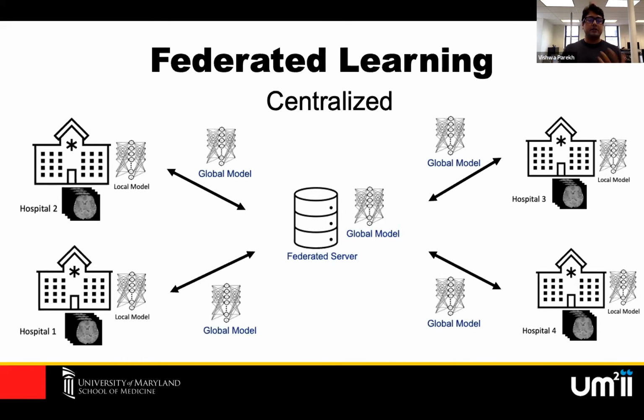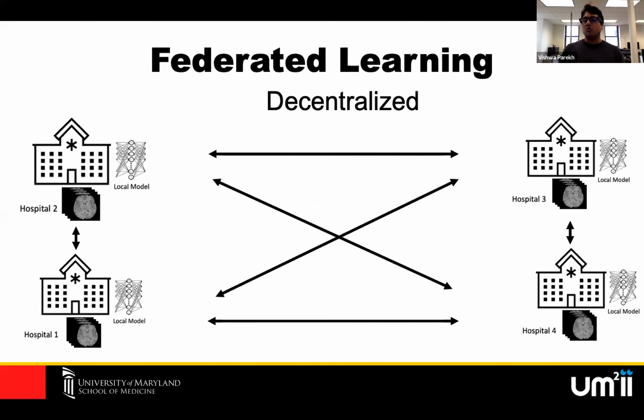There could also be a decentralized setup where you don't have a central server. Every hospital shares its model with every other hospital, and everyone does this in an asynchronous fashion where they just look at the models that are coming towards them, aggregate them, and then send it out.